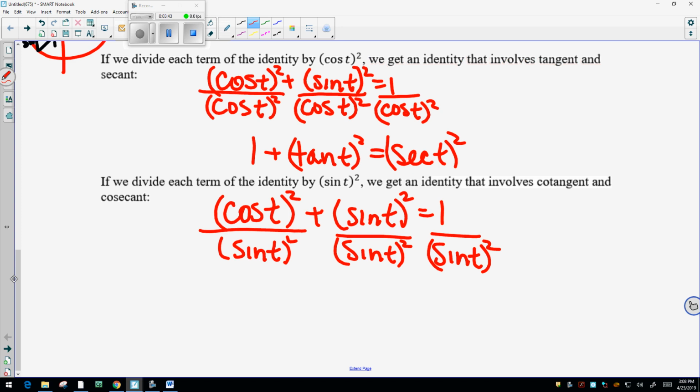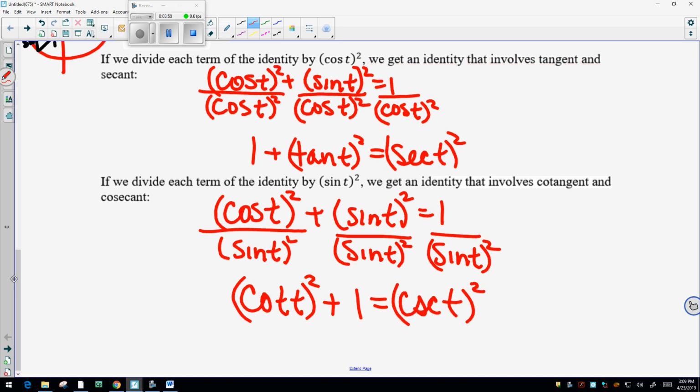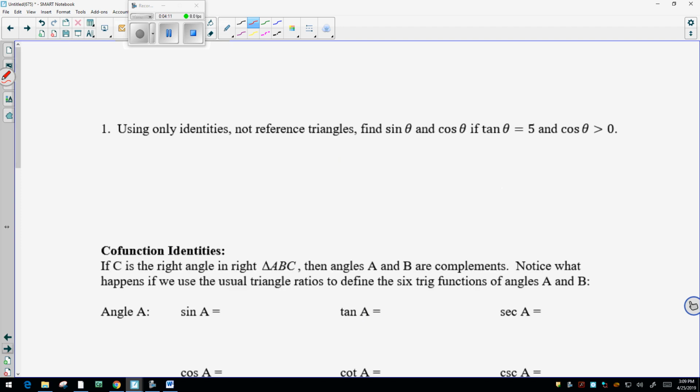So cosine squared divided by sine squared, that's going to get us cotangent squared. Sine squared over sine squared is 1. And over here, 1 over sine squared is going to get us cosecant squared. So it's kind of nice as long as you know that basic one. If you forget these other two, you can always develop them by just thinking divide through once by cosine, divide through twice by sine, and now you get your new Pythagorean identities.